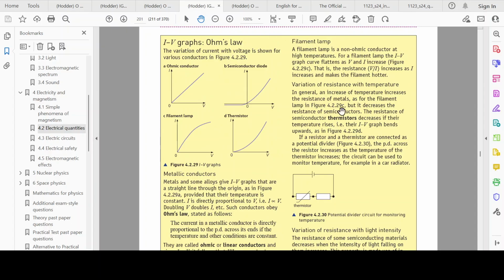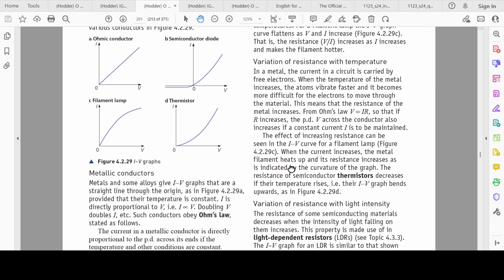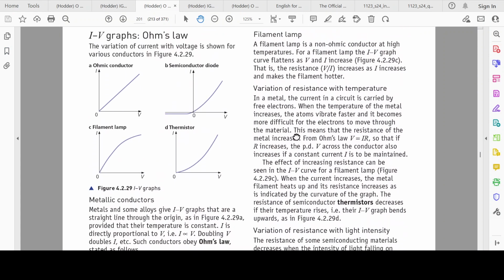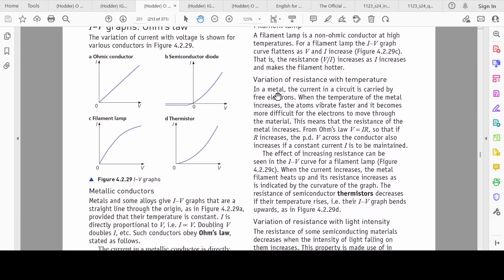Then the explanation of heat and everything is, for some reason, missing from the IGCSE books. And so I'm referring to the O Level book, right? And they're mentioning that in the metal, the current is carried by free electrons. And when the temperature increases, the atoms vibrate faster. It becomes more difficult for electrons to move through, right? And this means that the resistance of the metal has increased.